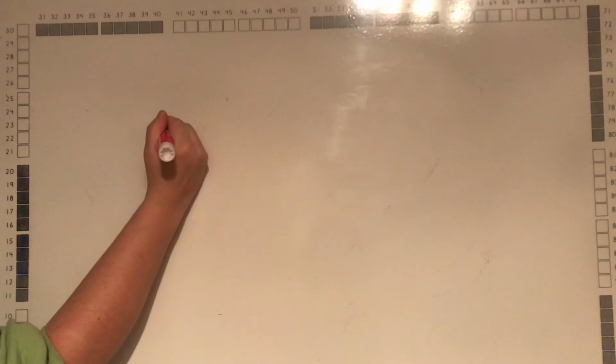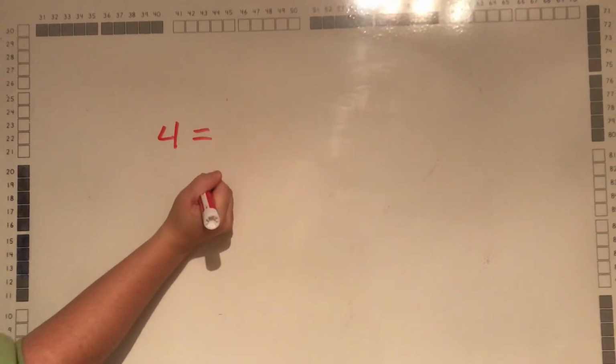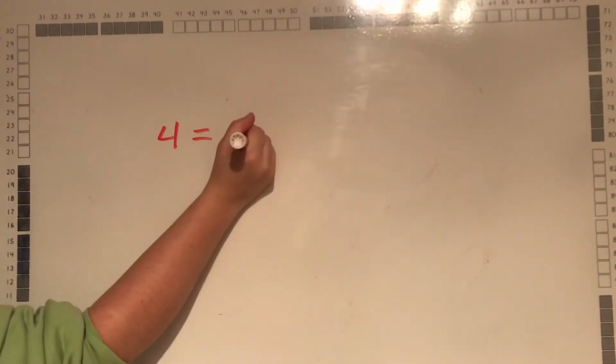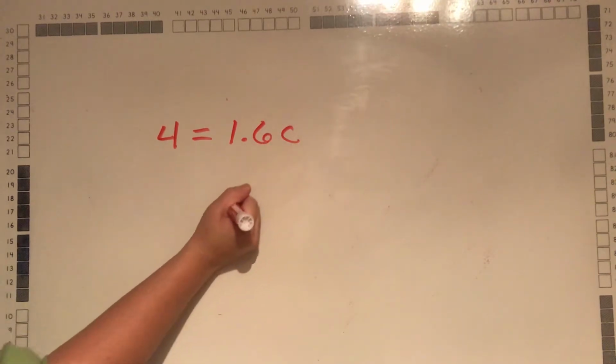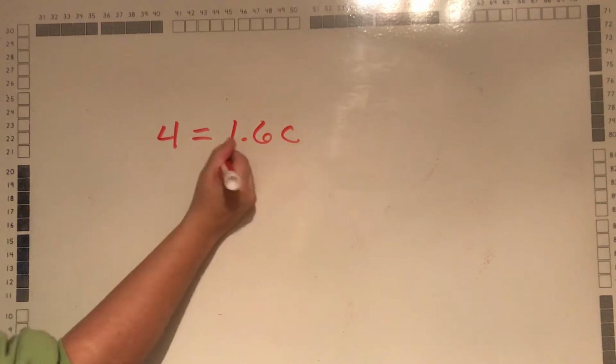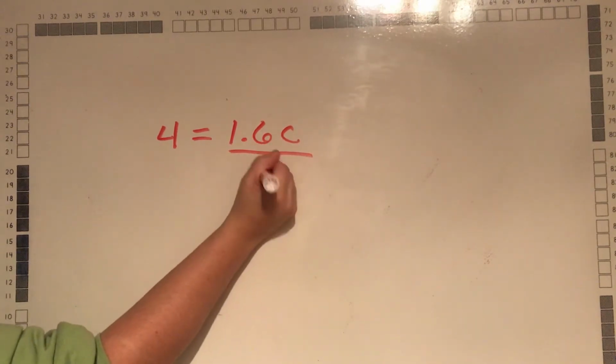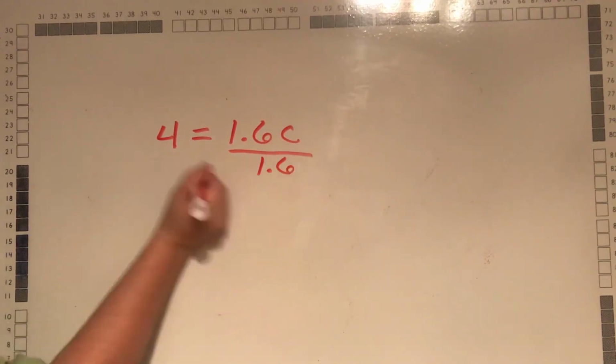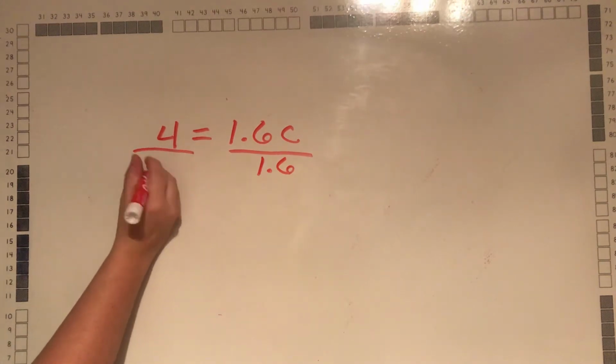Example 2b, we have 4 equals 1.6c. Now we want to get c by itself because that's what we're solving for. In order to do that, we divide all of this by 1.6. But we also have to do that over here.